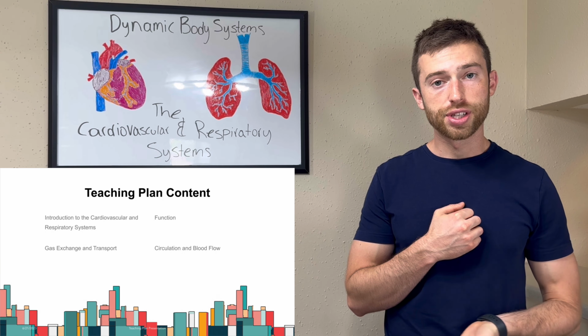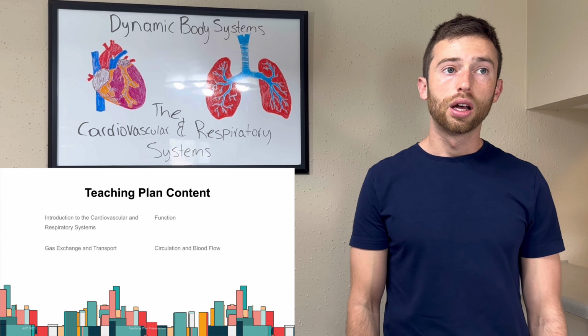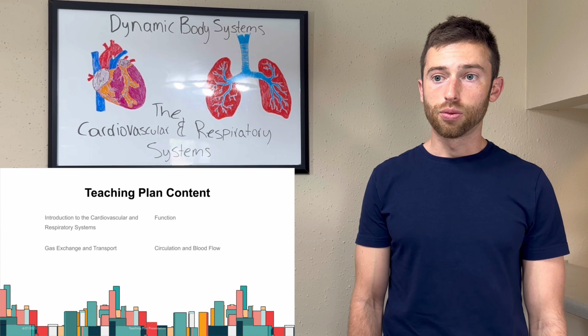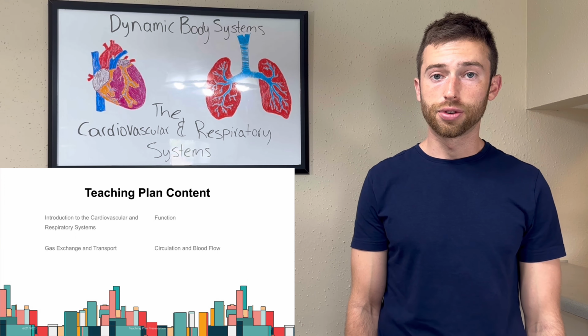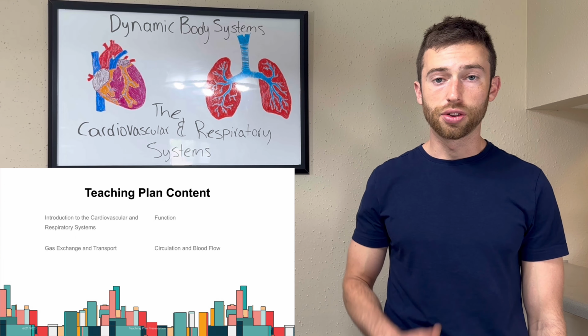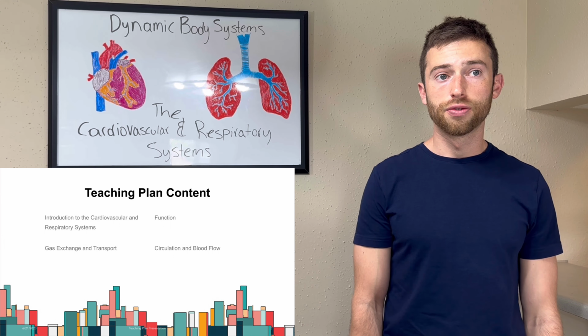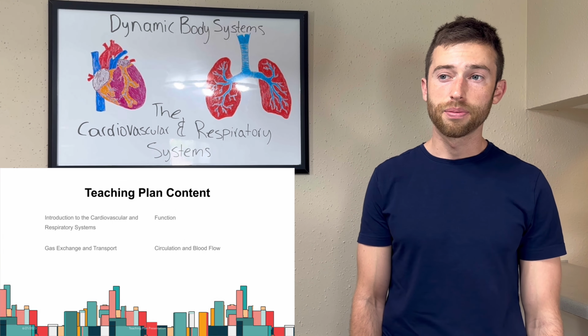We'll go over heart sounds and what they mean, as well as breath sounds. We'll go over the function of each of these organs. We'll investigate how gas exchange occurs at the cellular level, as well as circulation throughout the whole body. And lastly, we'll go over the major diseases that we see in these organs and how they might impact a person's health.